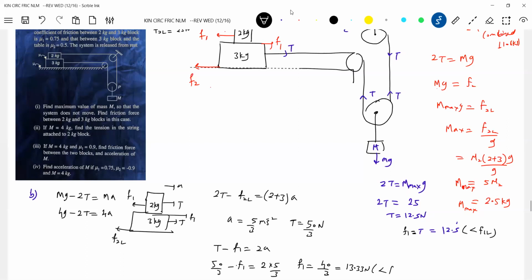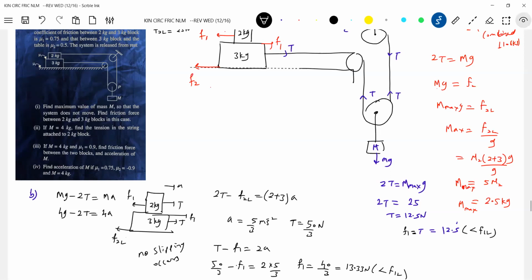I think still less than F1L. No? So what will happen? What I assumed is right or wrong? No slipping occurs is what I assumed. In fact, correct, no? Condition assumed, no slipping. I got the F1 less than F1L. So what I assumed is right. So what all I solved, it's correct.